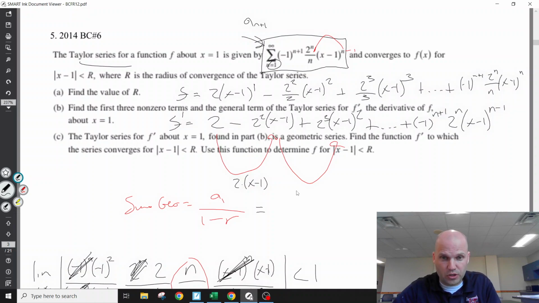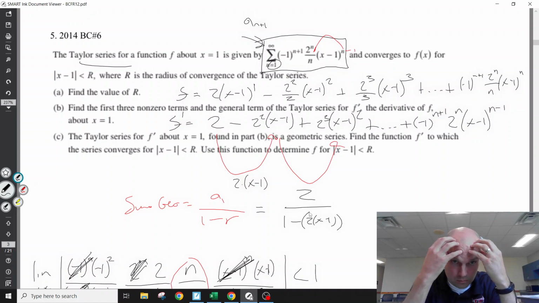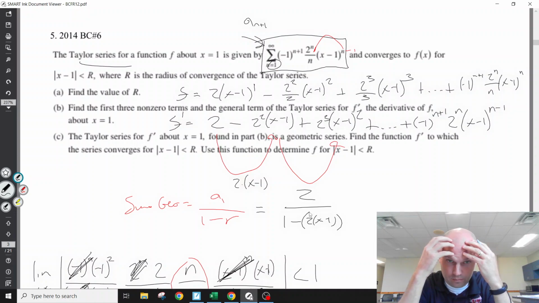And my first term is 2. Find the function f prime to which the series converges for that. Use this function to determine f.